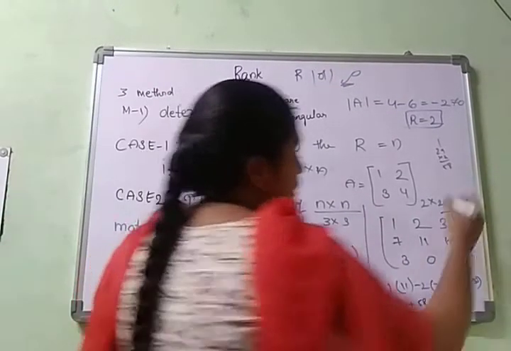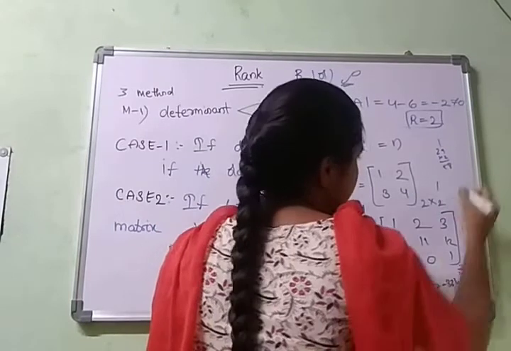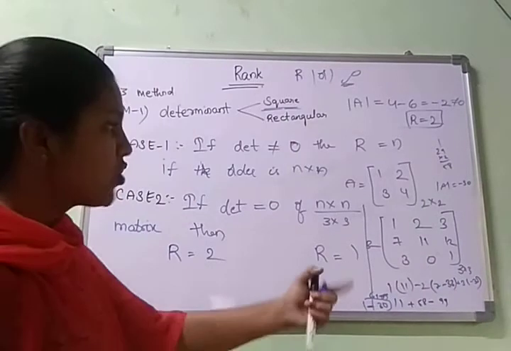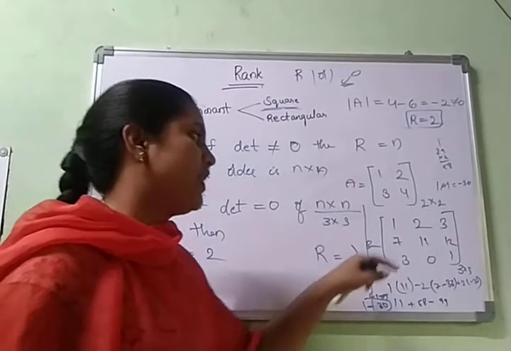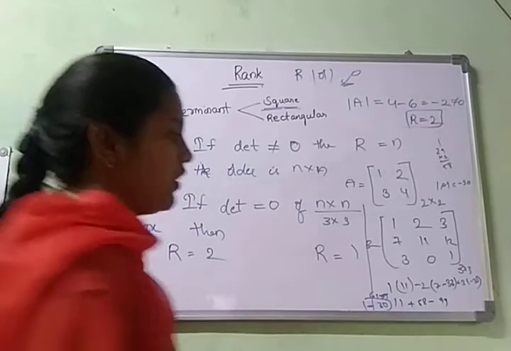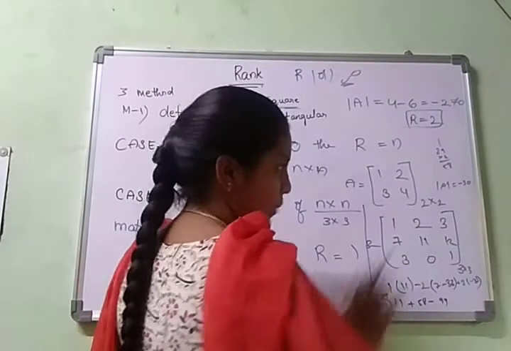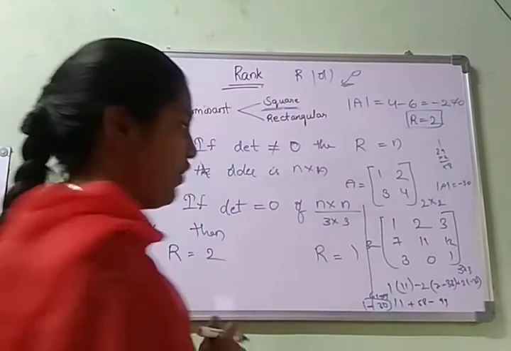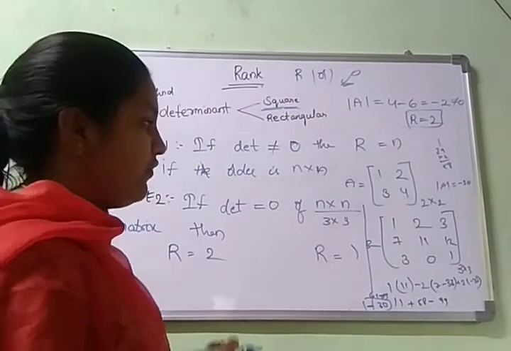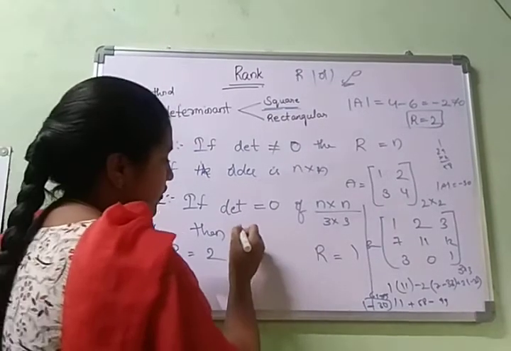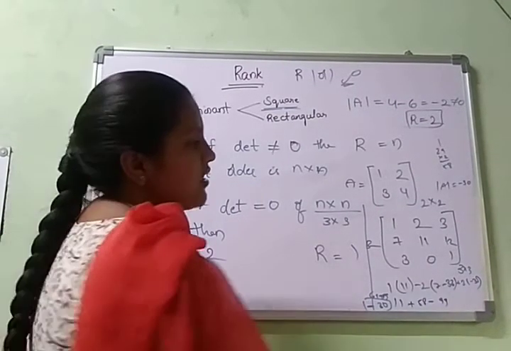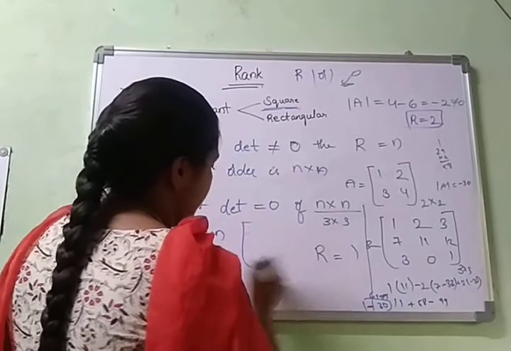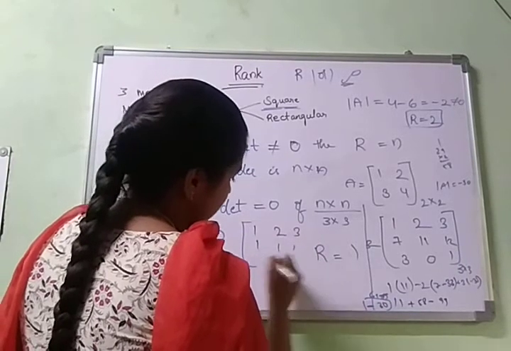So here, if we call it B, the determinant of B is equal to minus 30. So when the determinant is nonzero, as I said, and if you get the determinant equal to 0, then let's take for example 1, 2, 3, 1, 1, 1, 0, 0, 0.